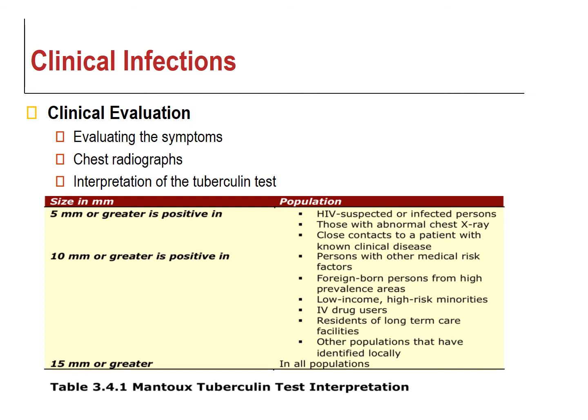X-rays will reveal consolidation in the affected area of the lungs. Interpretation of the tuberculin test will vary dependent on the patient population involved. It will be unlikely that you will be asked to interpret a tuberculin test. So the information that you have here is for your information only.